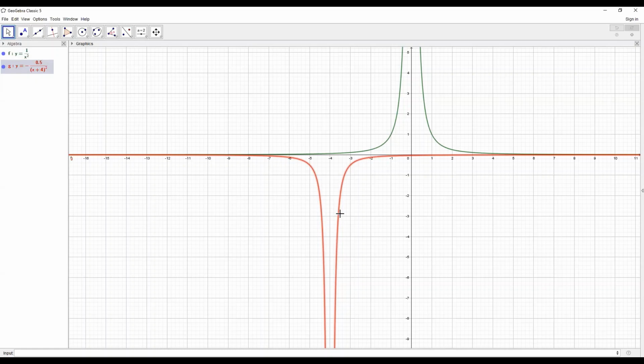Now I want to say a little bit more about the horizontal asymptote, which is the x-axis. The line y equals 0 is the x-axis.